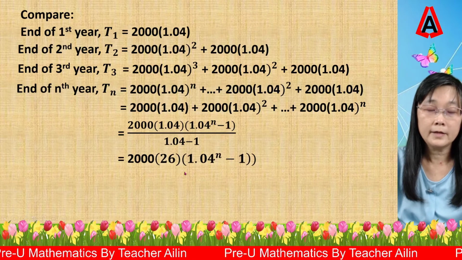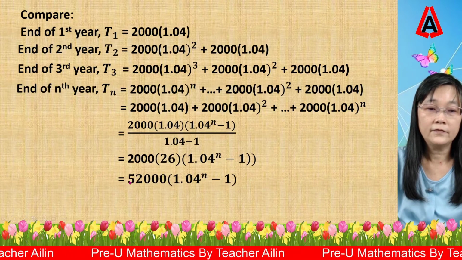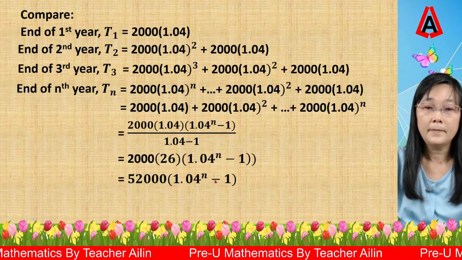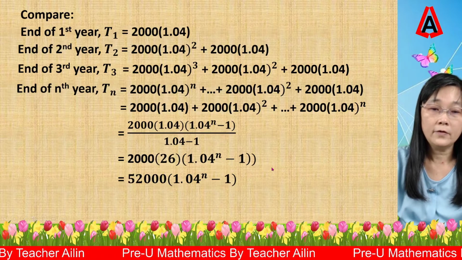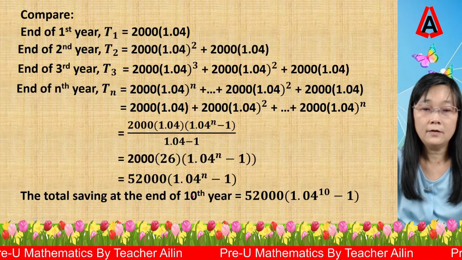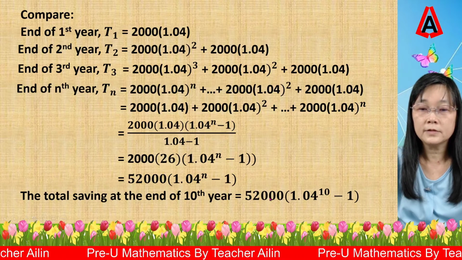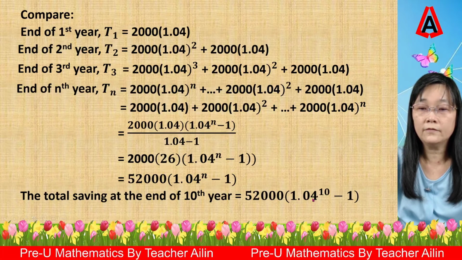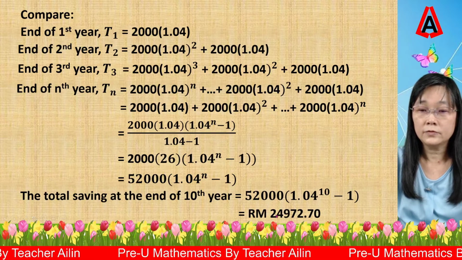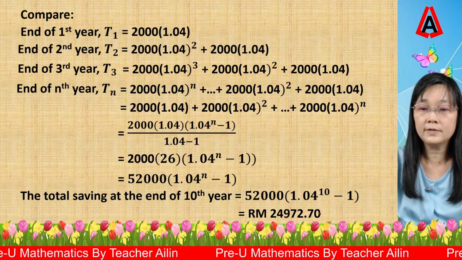So when I calculate and simplify, I find that it is 52,000 times 1.04 power n minus 1. So therefore, I can answer the question that the total saving at the end of 10th year is 52000 times 1.04 power 10 minus 1, which is equal to 24,972.70.